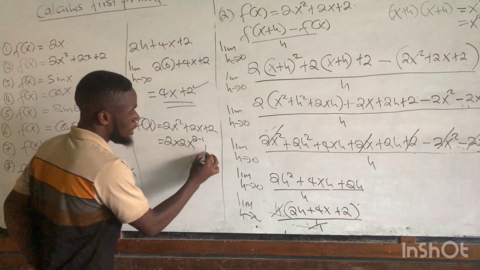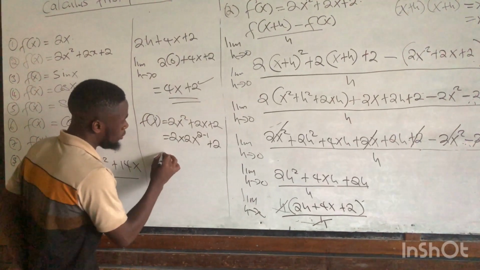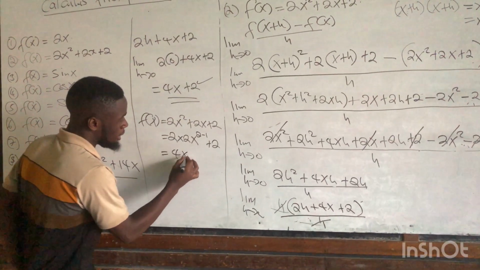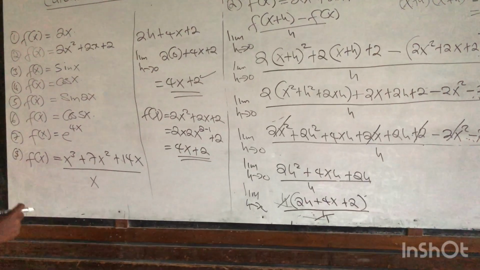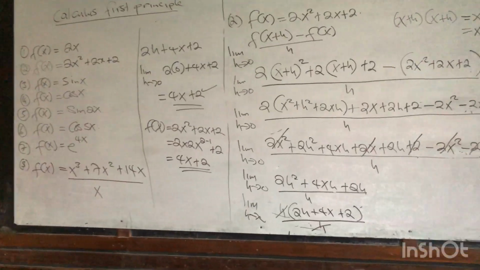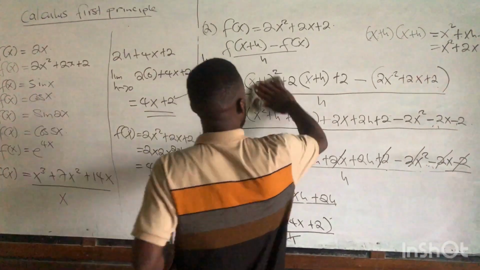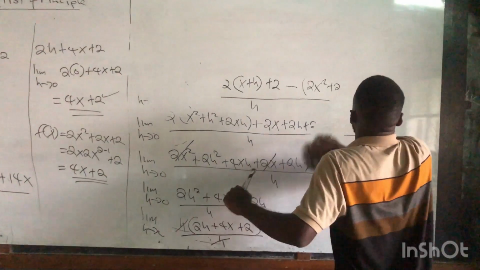Then here 2, then this one is just a constant. So 4x plus 2 as the final answer using the power law. So you can confirm your answer using the power law. Let's go to the next question.